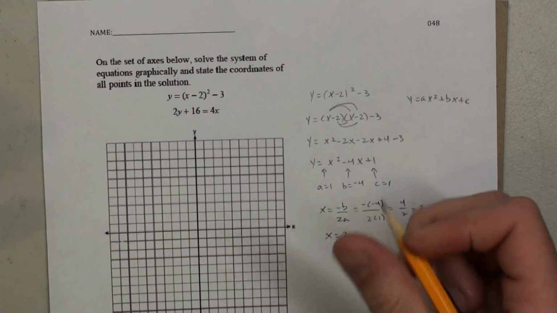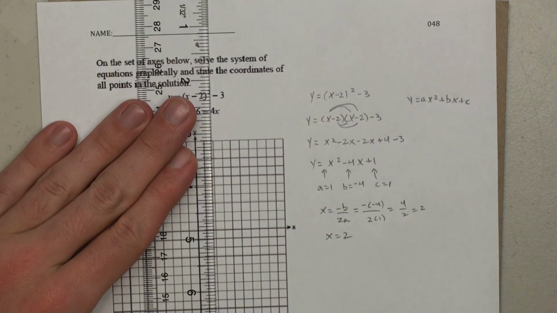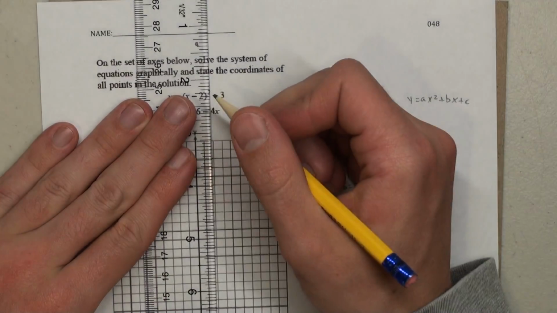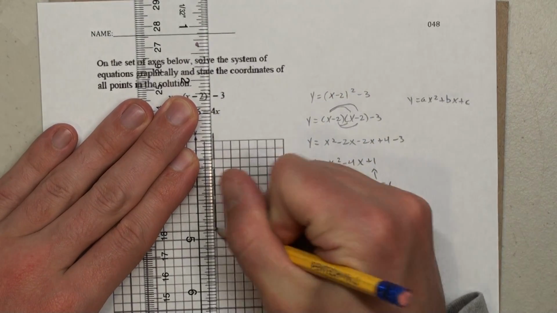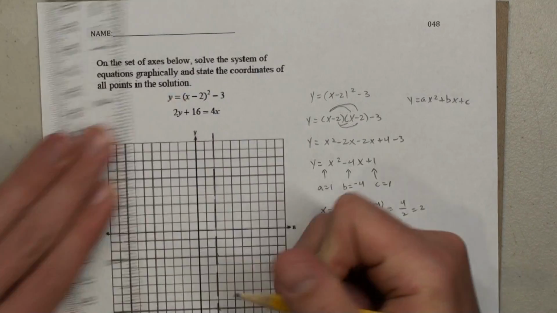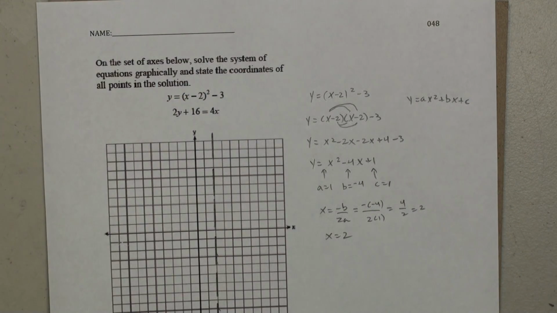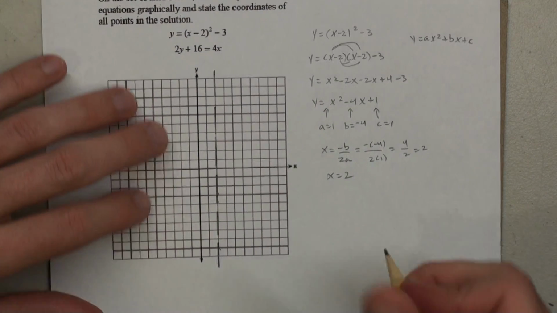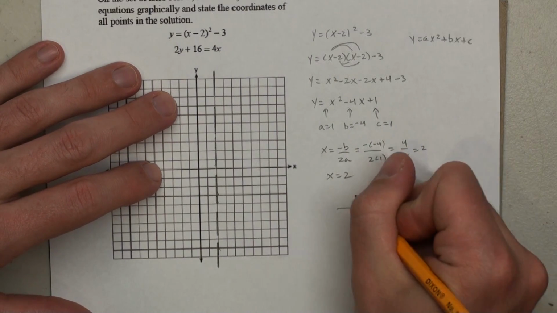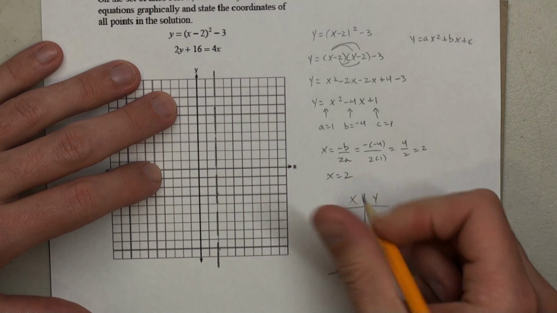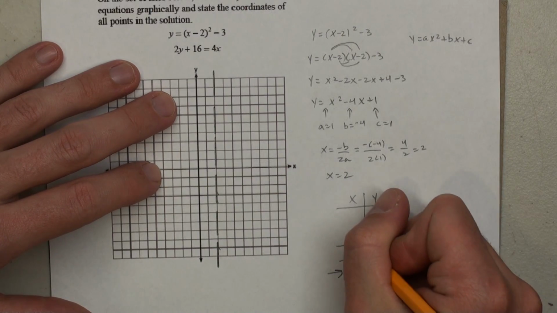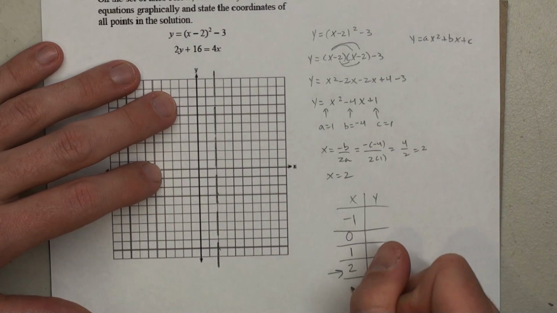So x equals 2 is my line of symmetry. It's also the middle value in my table. And then I go 3 below, and 3 above.